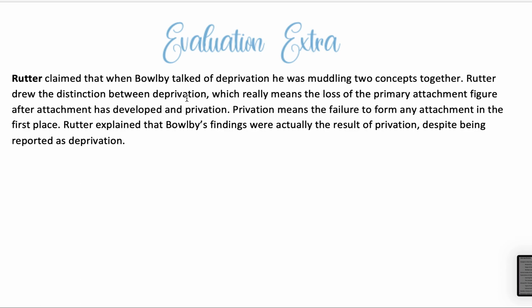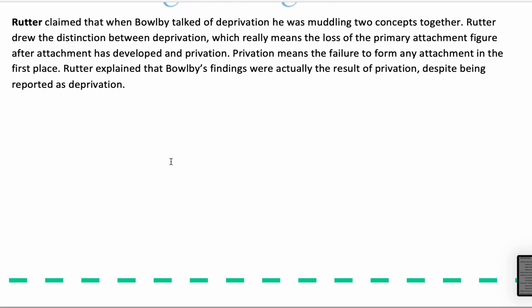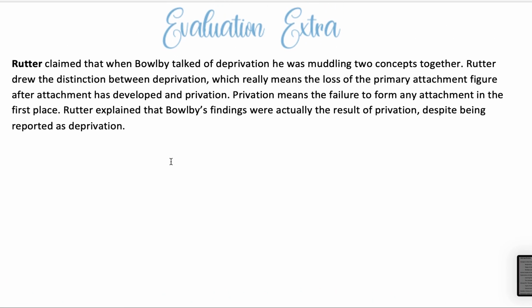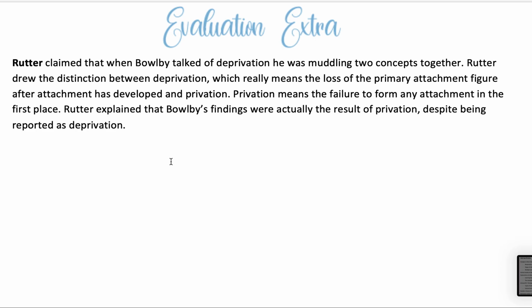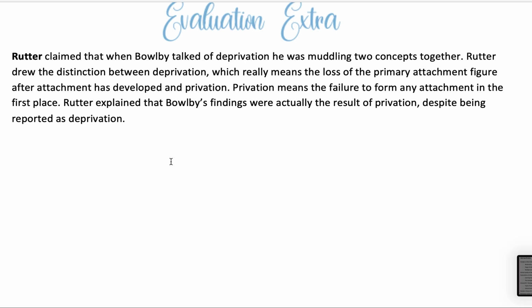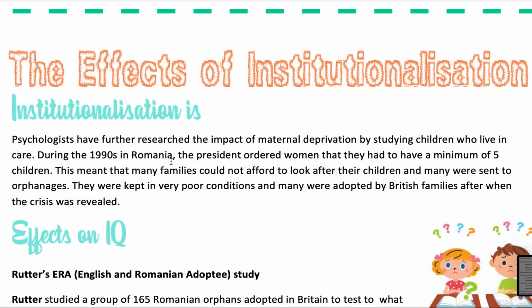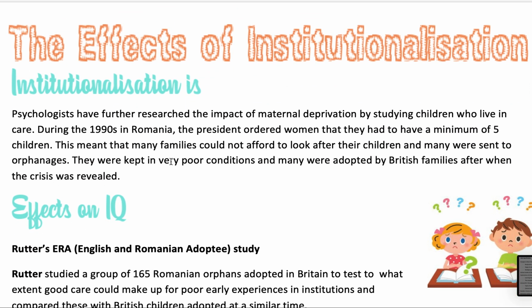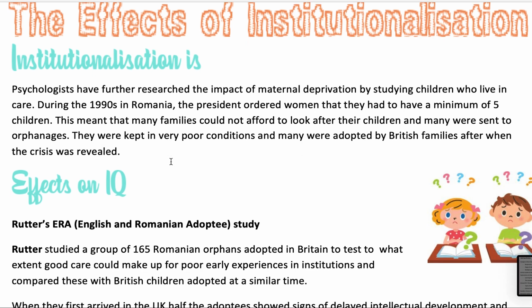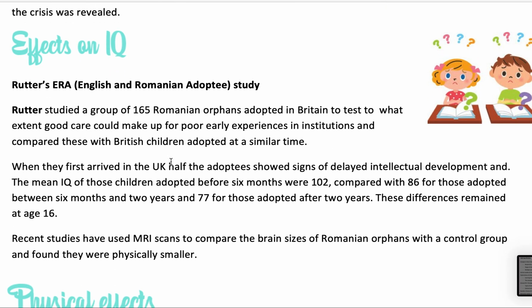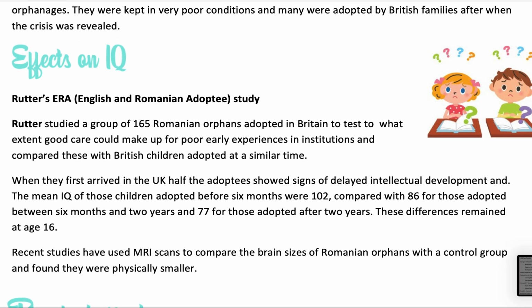So it's important that he distinguishes between privation and deprivation in order to allow psychologists to understand how we can apply this and how relevant this is. Effects of institutionalisation, so remaining in orphanages, effects on IQ, essentially delayed intellectual development, and these differences remained.